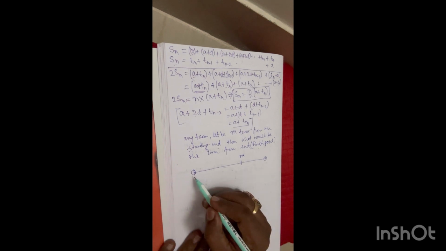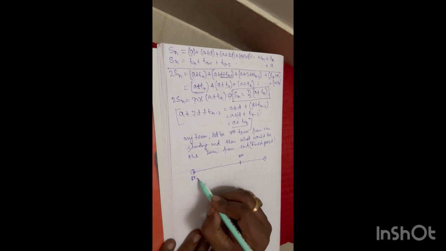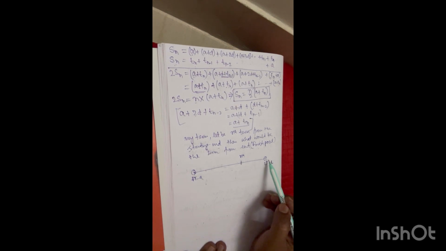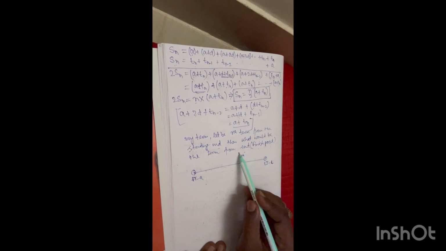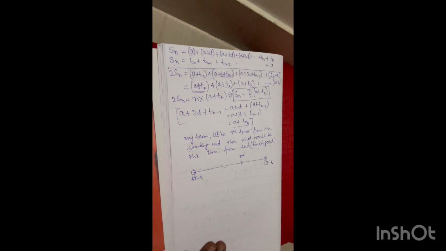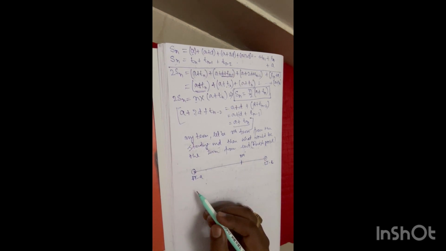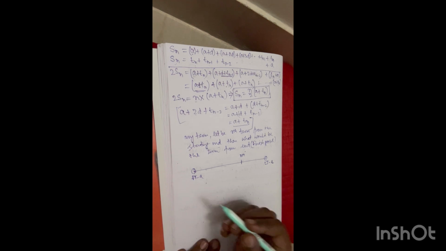If I name the first term A, and the last term L, what is the term number from the end?